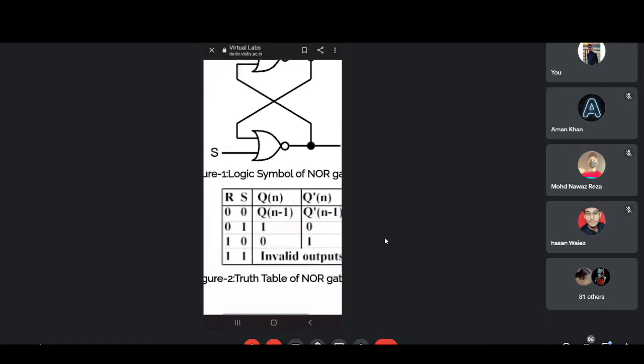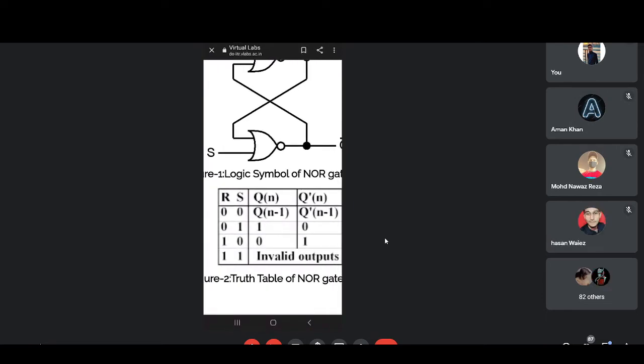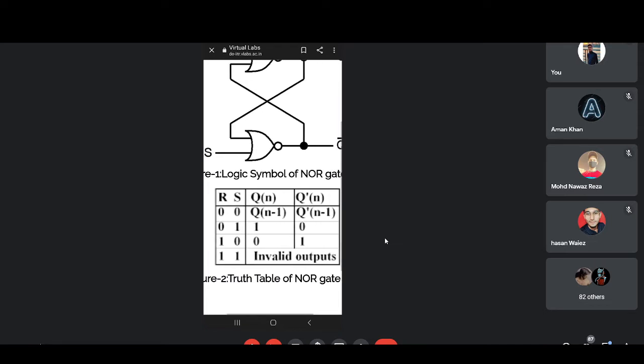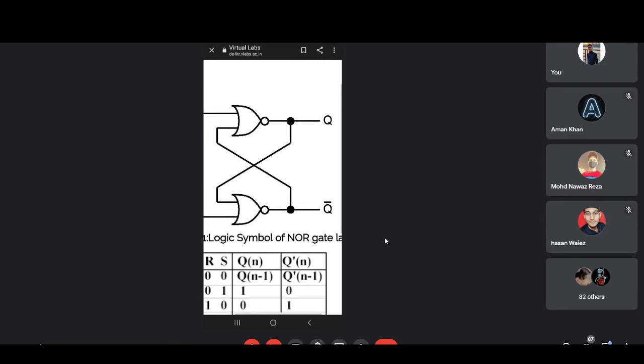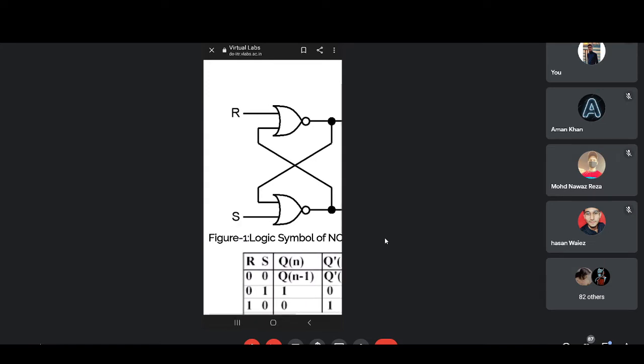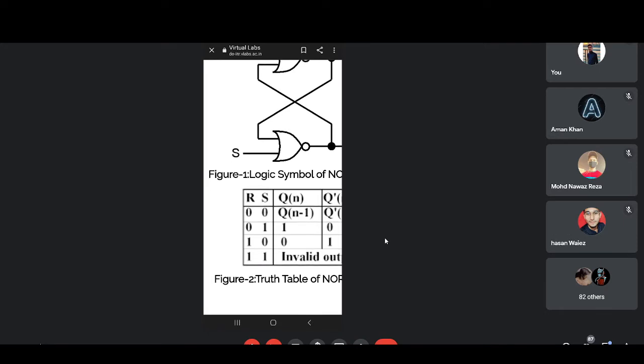Now the next state is when R is 0, S is 1. That is also called the set state. Set state means the output will become 1. So if Q is 0, it will become 1. If it is 1, it will remain 1. And complementary to that, when R is 1, S is 0, that is called the reset state.